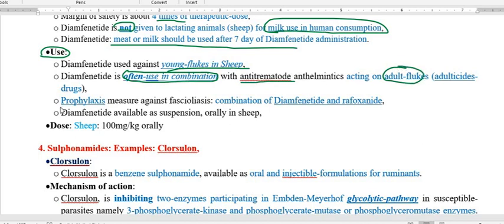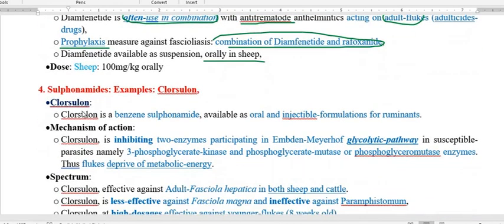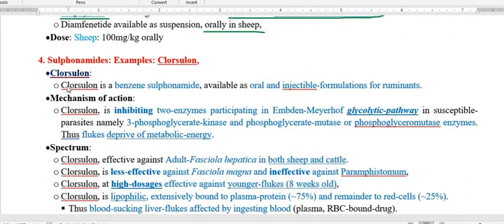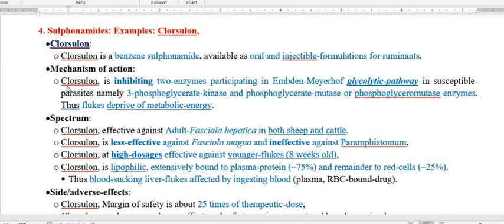As a prophylactic measure, the combination of diamphenethide and rafoxanide is available. The preparation for oral use is available for sheep, and the dose of diamphenethide for sheep is 100 mg per kg orally. So this is all about diamphenethide.